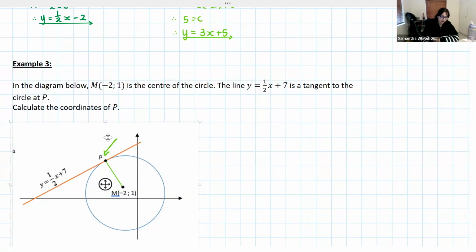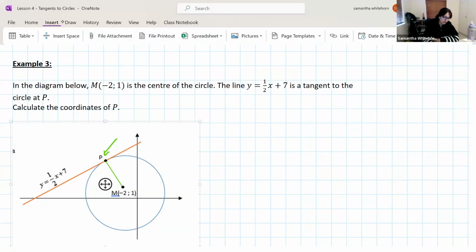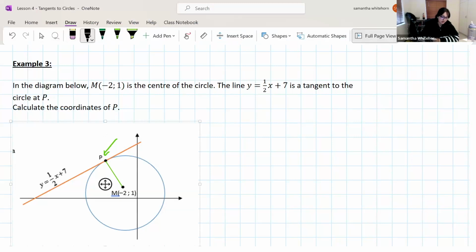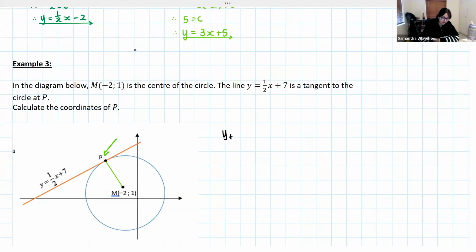Okay, so we're going backwards. What we know is the equation of our tangent. So we know that our tangent equation is a half x plus 7. What is the gradient of your tangent then, guys? According to the formula, what is the gradient of your tangent? Well, I mean, nice, a half.